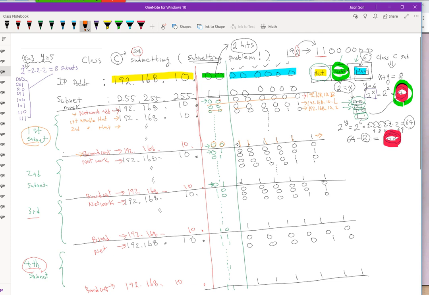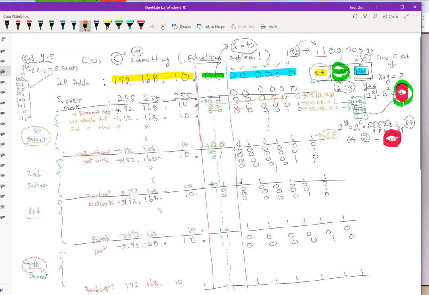There's no shortcut. During the Cisco CCNA test, you have to convert this into the decimal number. So if you convert 00111111 to a decimal number, you will get 63.